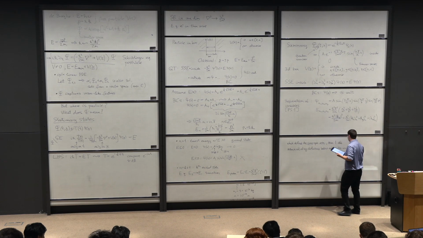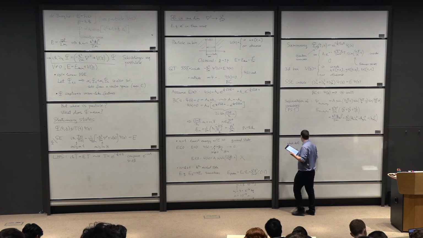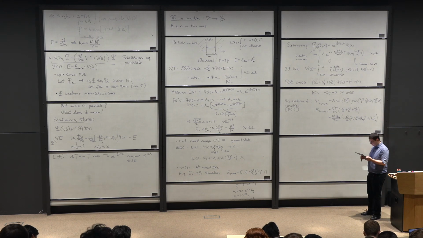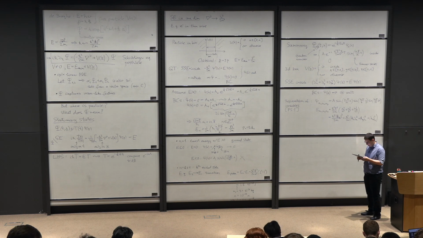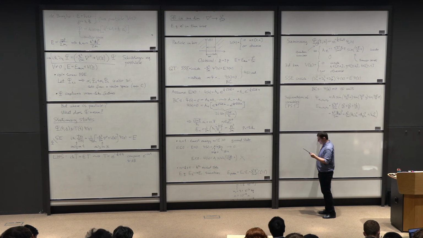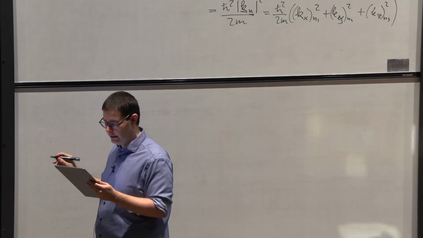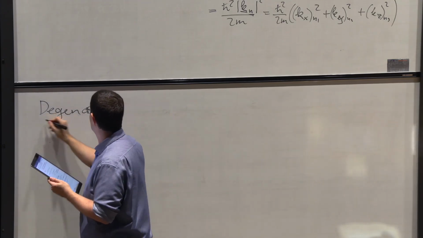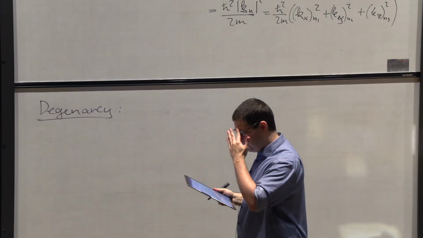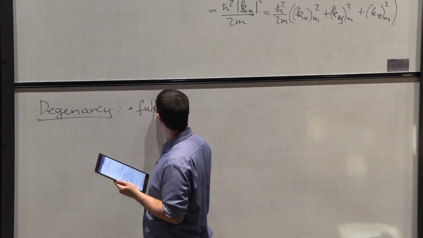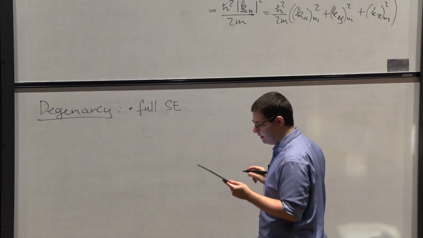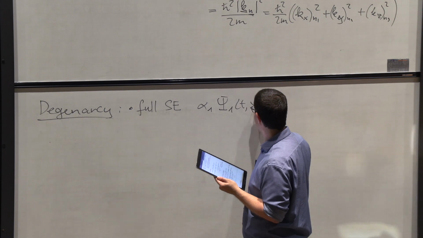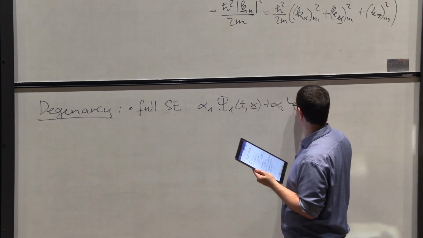There's something remaining from this lecture. So we'll discuss one more aspect of these formulas, and that will lead us to the end of this lecture. It's about degeneracy. Again, a physics term, you will get used to it. So we saw that the full Schrodinger equation, the time-dependent one, has the property that I can add together alpha 1 psi 1, which is dependent on t and x, and alpha 2 times psi 2.